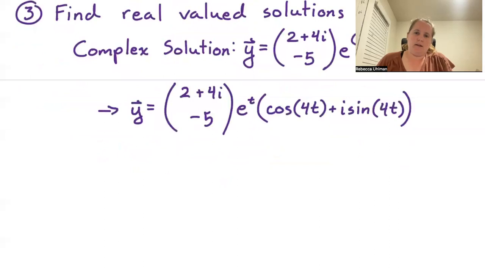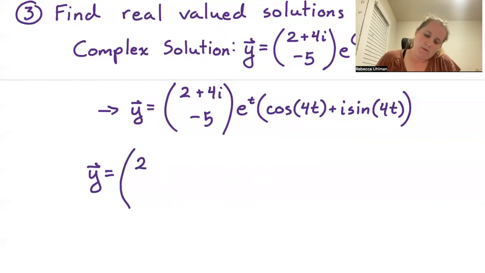And we get y would be equal to, we would have 2 cosine of 4t minus 4 sine of 4t.